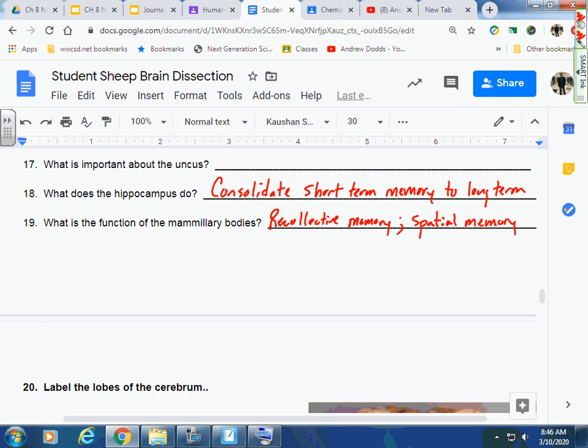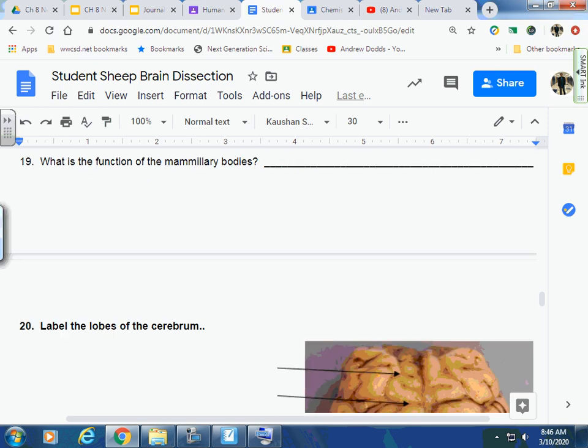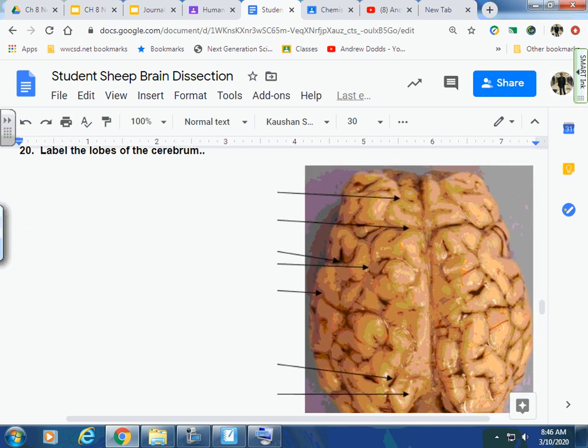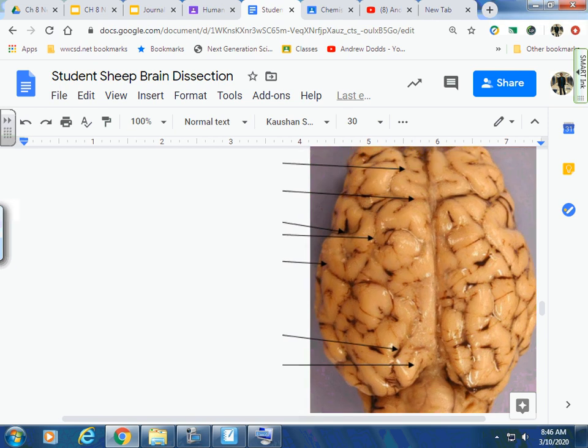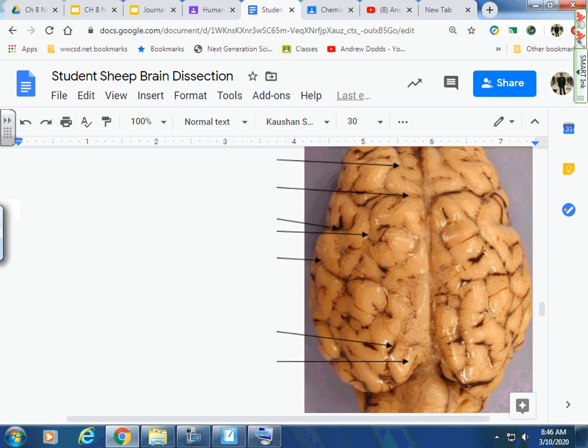And number 20, getting closer. So for number 20, all I wanted you to do was label the lobes of the cerebrum. So you don't necessarily have to label all these things, but we should be able to label the frontal lobe.